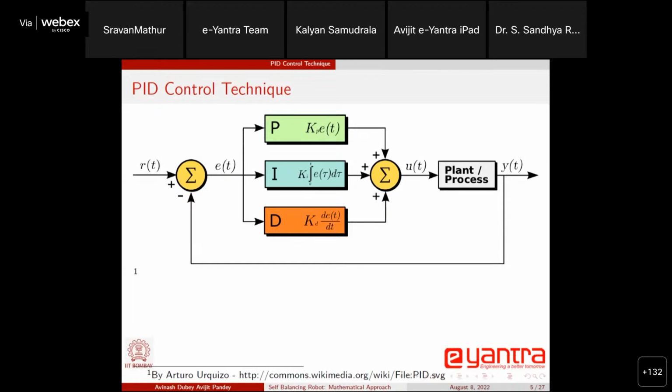So we measure the error and directly multiply it with some proportional gain. If the error is large, the proportional gain is large. So the control input is accordingly adjusted so that you can get the desired input u(t) for the plant.